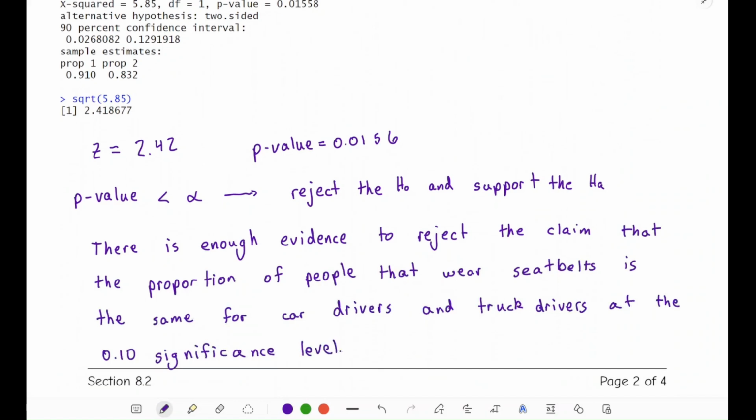Essentially, we're saying that there is a difference. Now, because this was a two-tailed test, I can't say which one has a higher proportion or which one has a lower proportion. All I can say is that there's a difference.